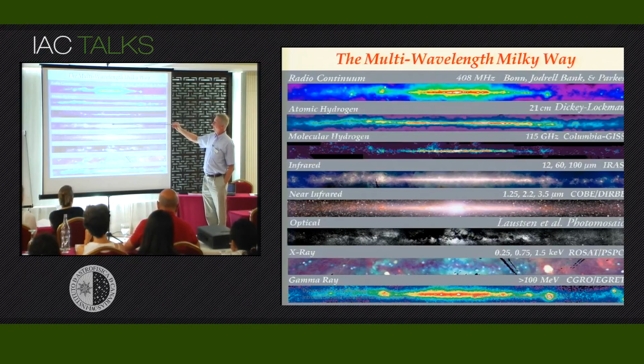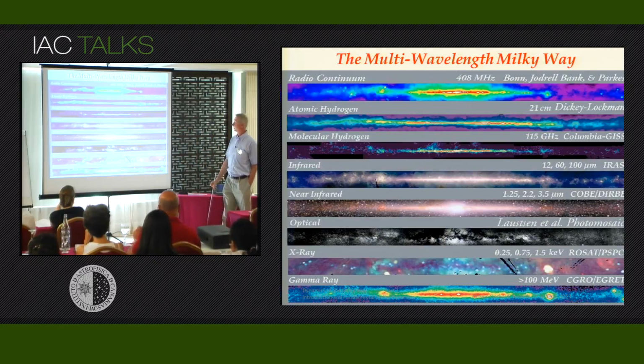And they are characteristic of also young stars. Young stars form in these gas layers, especially the molecular hydrogen. They then, with their energy output, heat the dust grains that you see emitting in these far infrared wavelengths. So that's the multi-wavelength Milky Way.